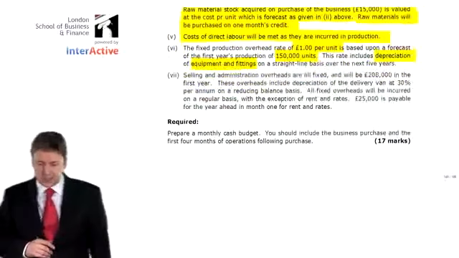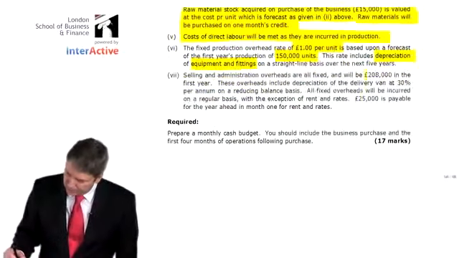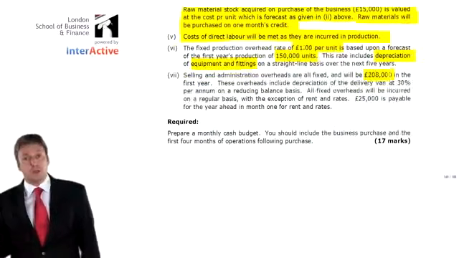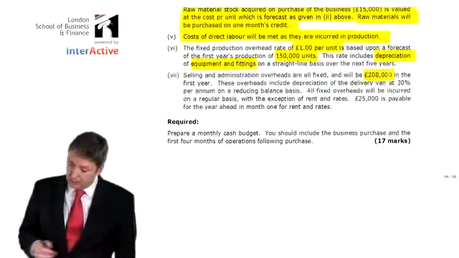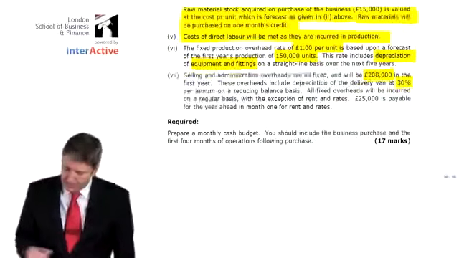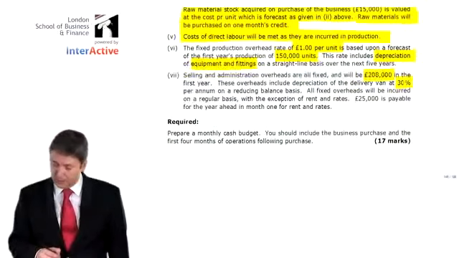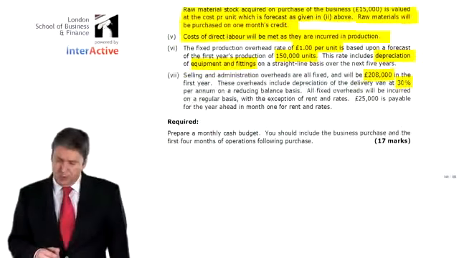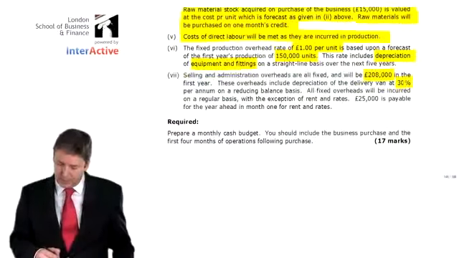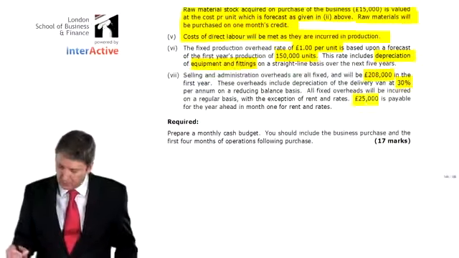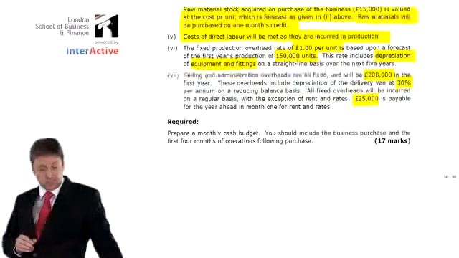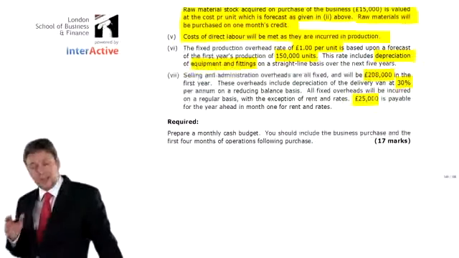Selling and admin overheads are all fixed and will be 208,000 in the first year. These overheads include depreciation of the delivery van at 30% per annum on a reducing balance basis. All fixed overheads will be incurred on a regular basis, with the exception of rent and rates. 25,000 is payable for the year ahead in month 1 for rent and rates.